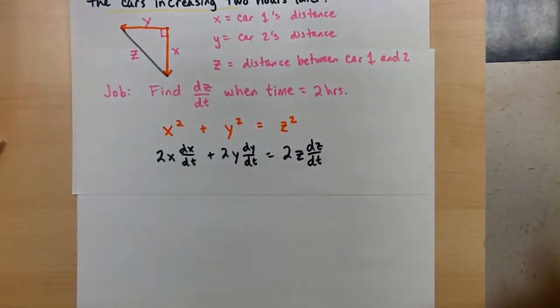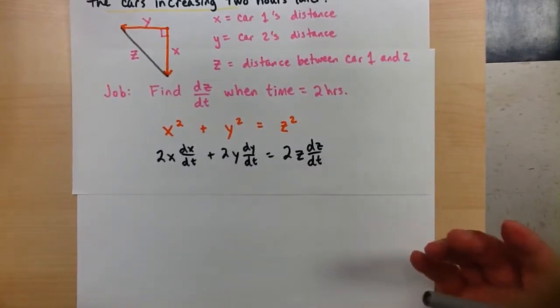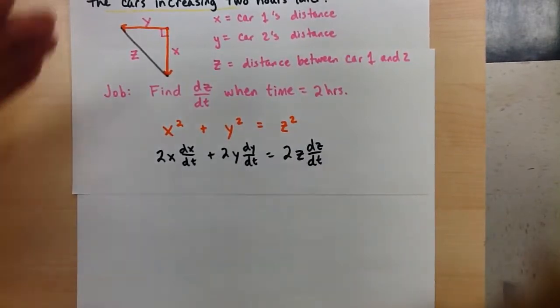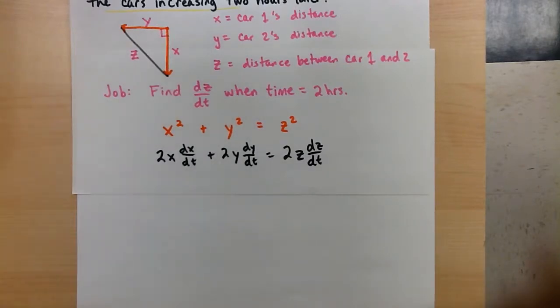And so what we're hoping when you do a related rates problem is that you were able to come up with your own equation based upon the situation, take the derivative, plug in the information you know, and hopefully everything's taken care of.